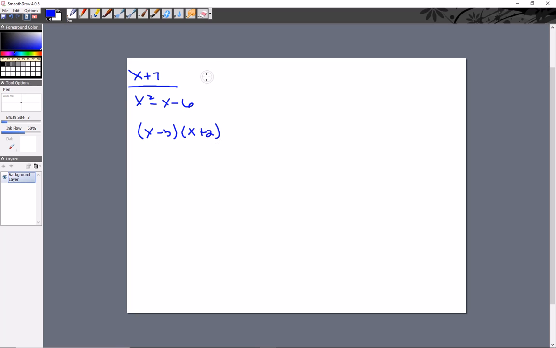And that's what we're going to do. We'll go ahead and break this down. Here's one component part with one of those factors, x minus 3, and then plus, here's the other component part, and that'll be over x plus 2.